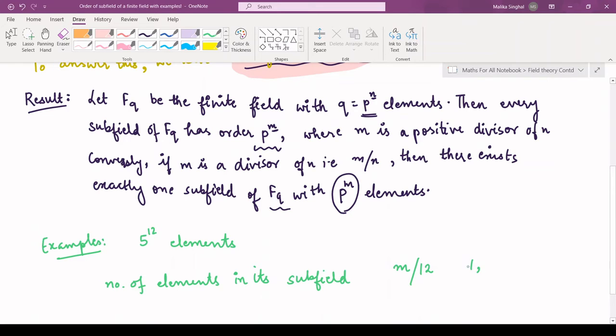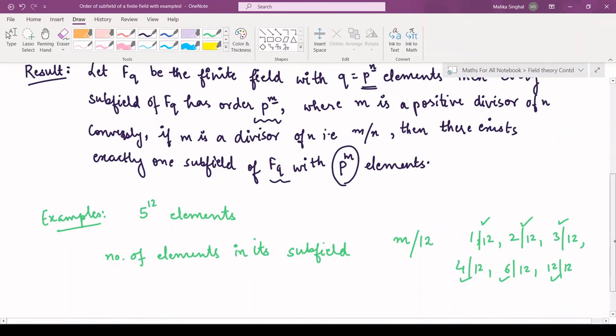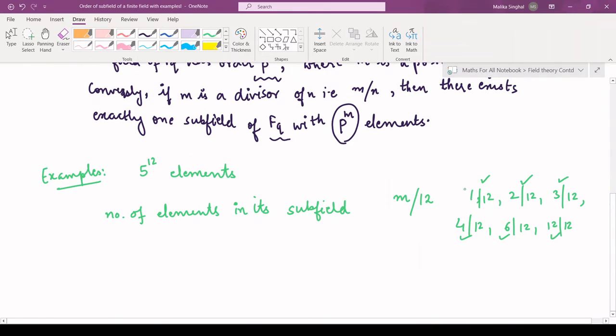It is 1. 1 divides 12, then 2 divides 12, 3 divides 12, 4 divides 12, 6 divides 12 and 12 divides 12. So in total we have 6 subfields, out of which we have 5 proper subfields. Why is this not proper? Because it is itself equal to the field.